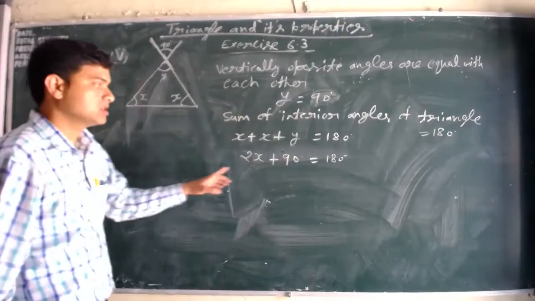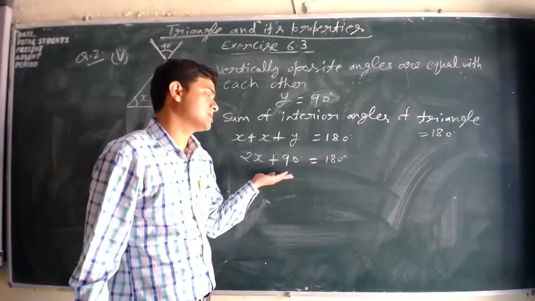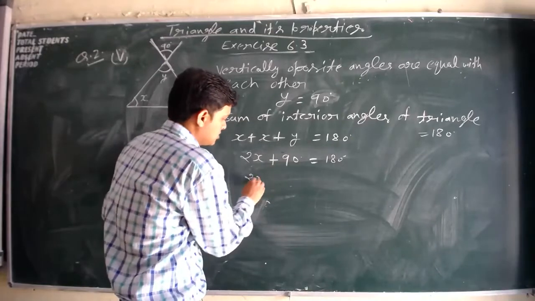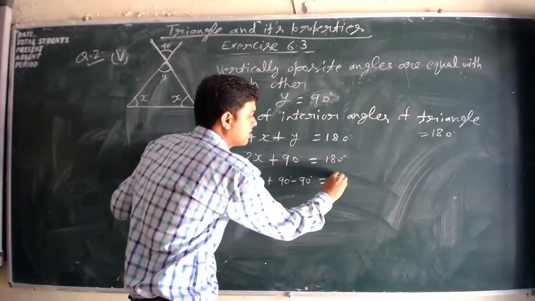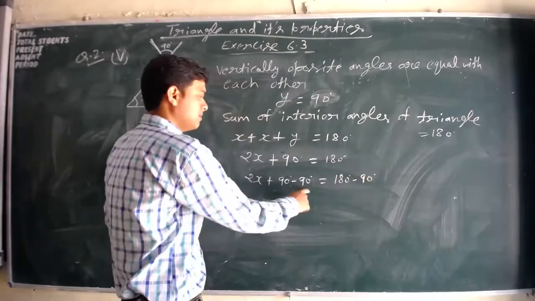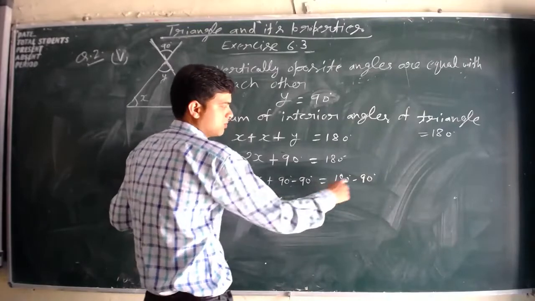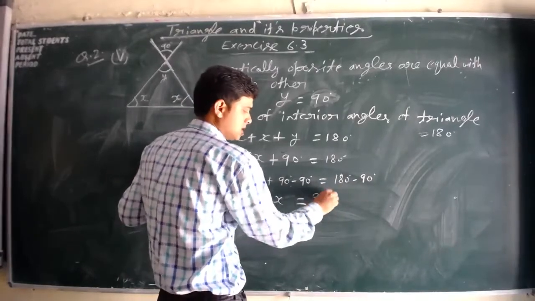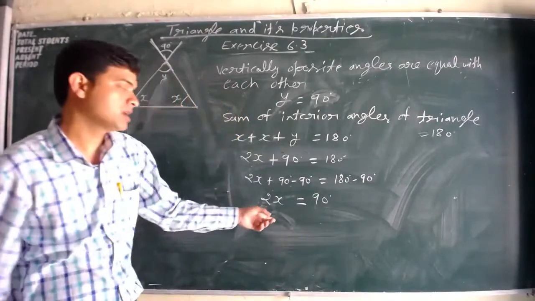We can solve this. First of all we have to eliminate 90, so subtract the same amount from both sides: 2x plus 90 minus 90 and 180 minus 90. Clear? 90 minus 90 is equal to 0, so 2x is equal to 180 minus 90, which is 90. Now we can calculate x.